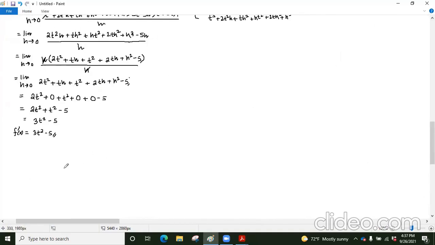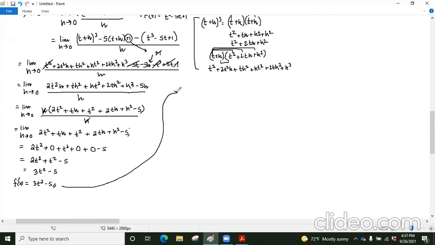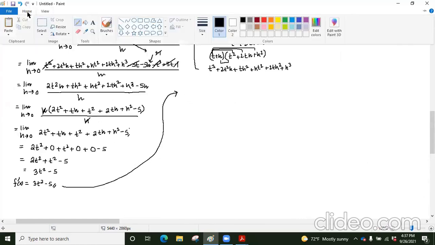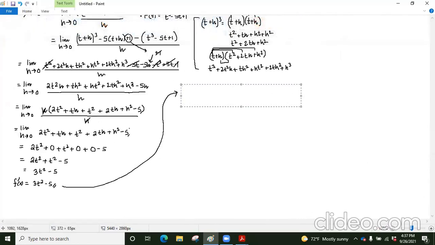So we'll say that f prime of x is 3t squared minus 5, which is a continuous function because it's a polynomial. All polynomials are continuous on their domain.